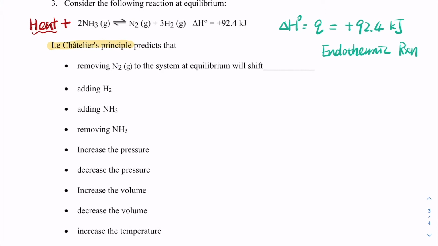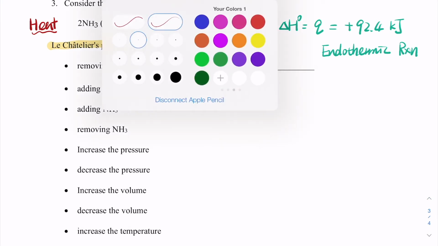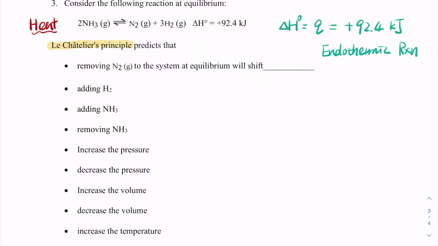Automatically, when you see endothermic, you know heat will be part of the reactants, and if you have exothermic, the heat will be part of the products. Keep that in mind.